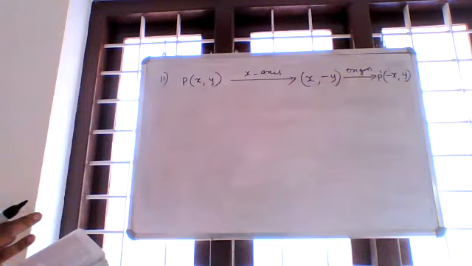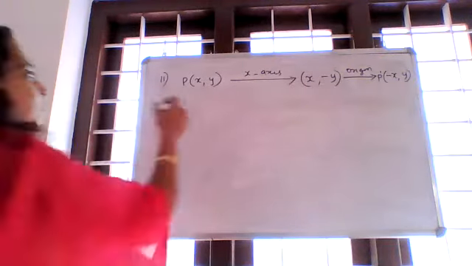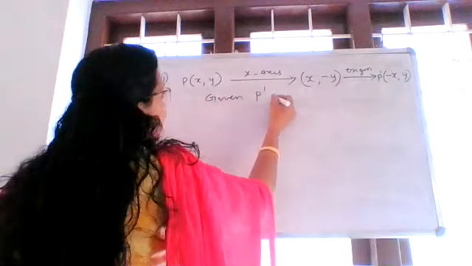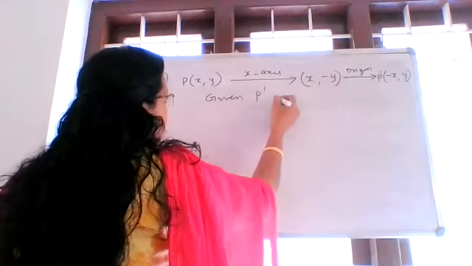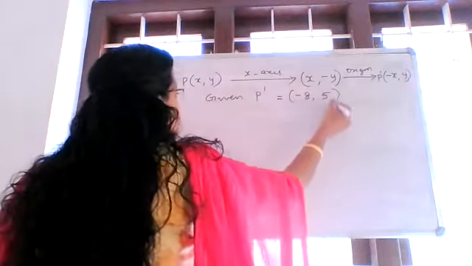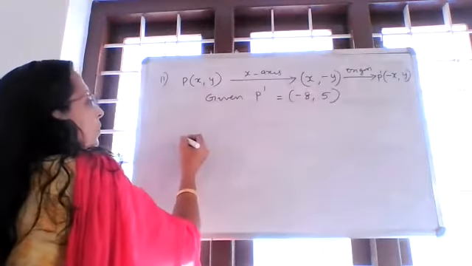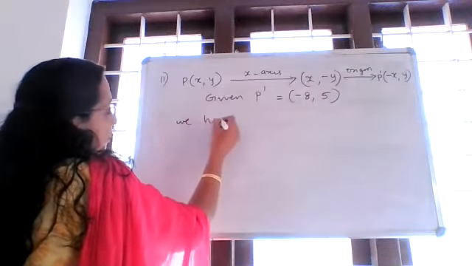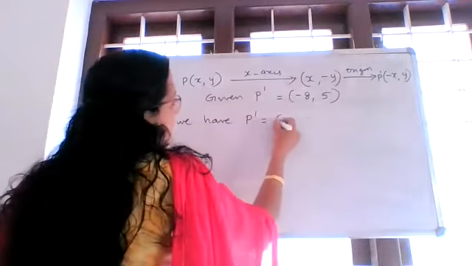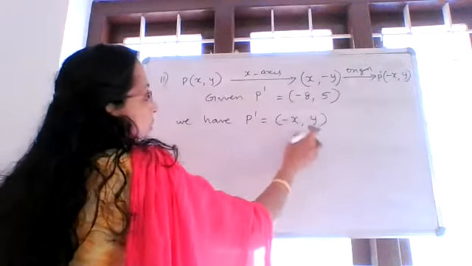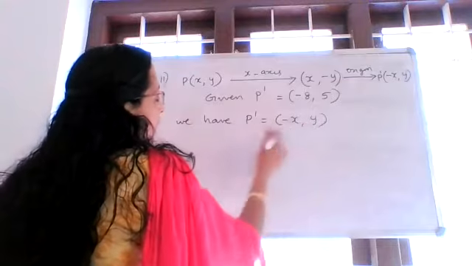Up to this is enough. Then, P dash has coordinates given as negative 8, 5. We have P dash is equal to negative x, y.